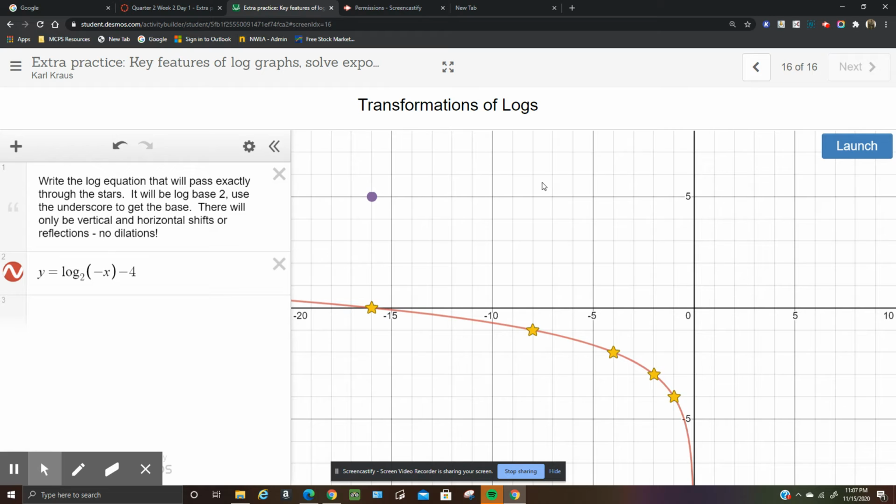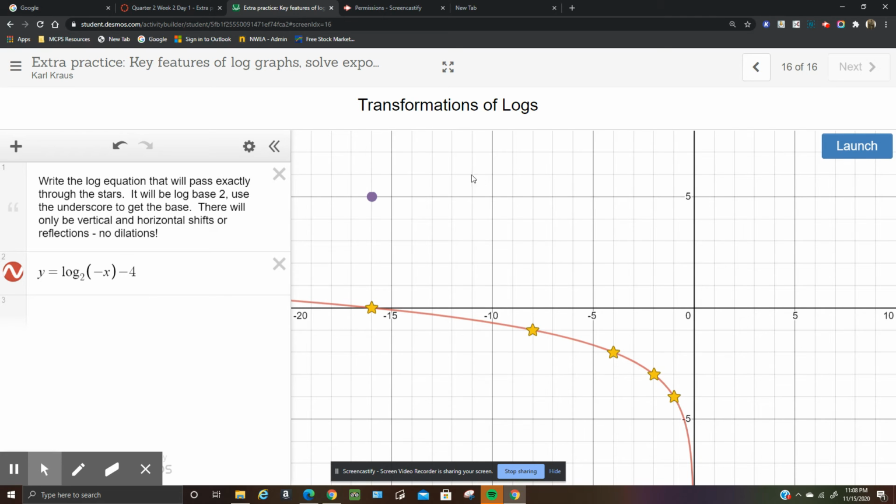All right, so that's the extra practice, and then your quiz won't be Marvel slides, but it will be transformations of logs, evaluating logs, and solving exponential, and finding the key features of a log function.